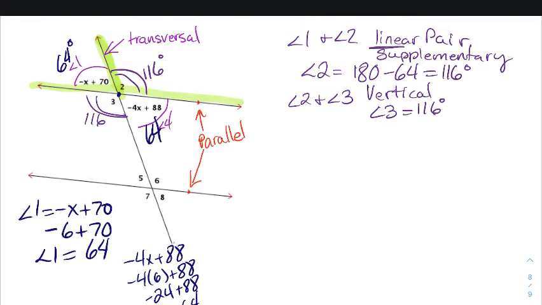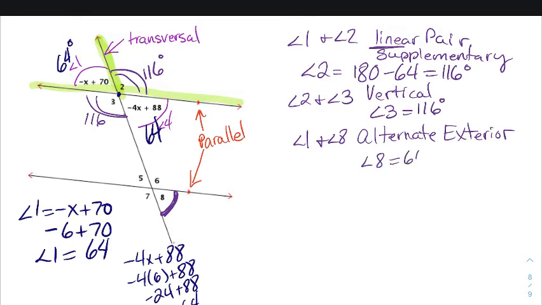We can also say that angle 1 and angle 8 are alternate exterior, so that also means that they are equal. So angle 8 is also equal to 64 degrees.